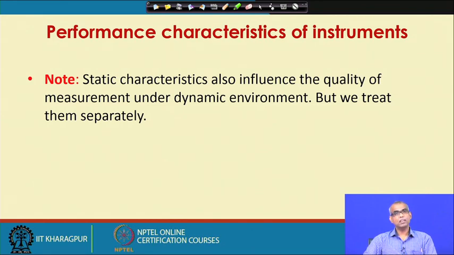We treat static characteristics and dynamic characteristics separately, but the static characteristics will also influence the quality of measurement under dynamic environment. So, both are important to evaluate the overall performance of an instrument, but for ease of analysis we treat them separately.